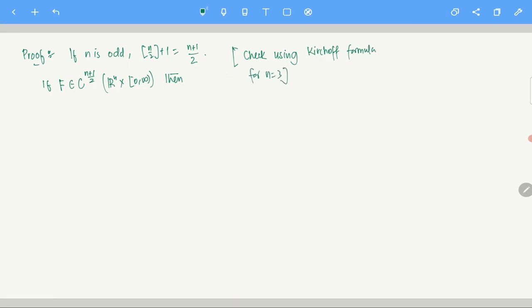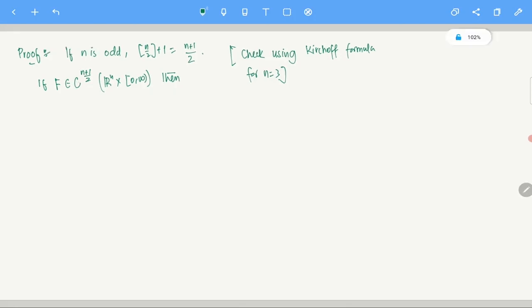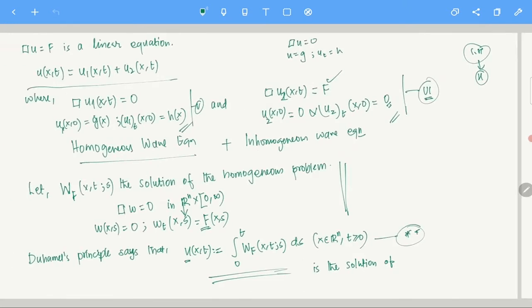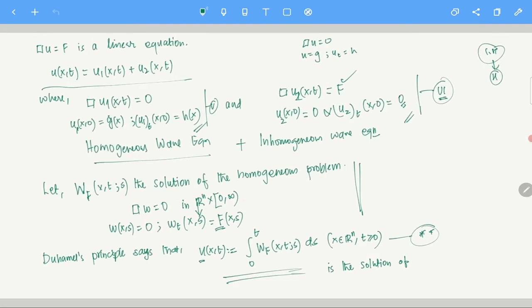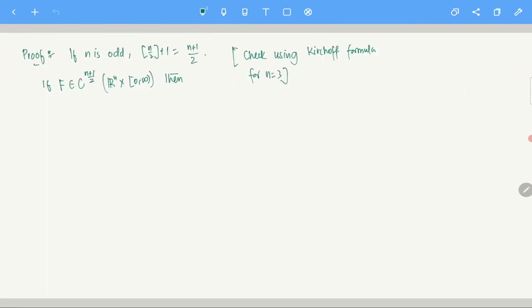Okay, this one, whatever I am writing, that if f is in C2, n equals 3, then the Wf which you are getting, this we will get for n equals 3 using Kirchhoff's formula, right? The Wf which you are getting is the solution of this problem. For each s positive, if f is in C2, then capital Wf of (x,t,s) is in C2 of Rn cross [s, infinity), for each s greater than or equal to 0.